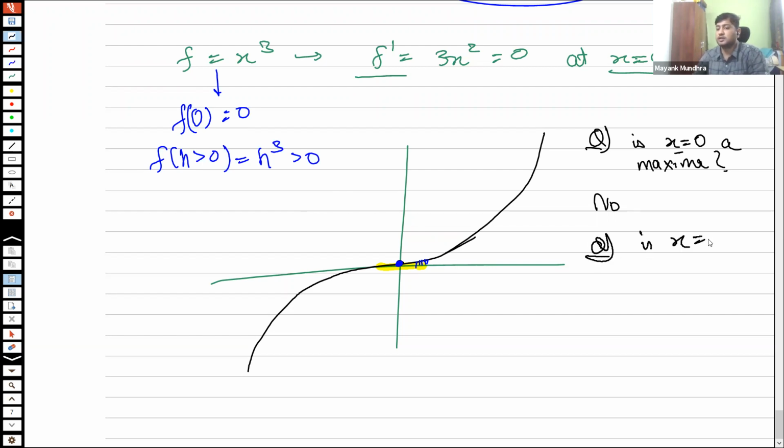Is x equals 0 a minimum? The answer is again no, because now if you look at points to the left of 0, you know that the functional value is lower than this. So it's neither a maxima nor a minima. The definition of a maxima or minima is that in some vicinity, it should be either the highest thing or it should be the lowest thing. Neither of that is happening here. So this function is neither a maxima nor a minima.